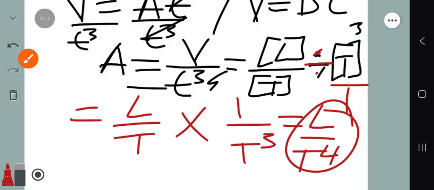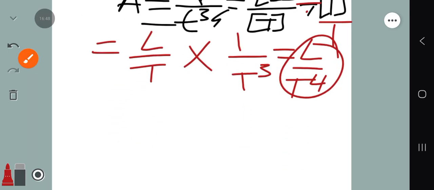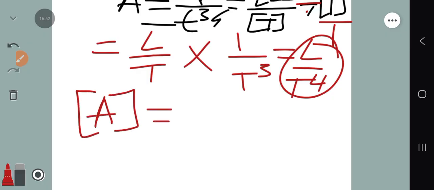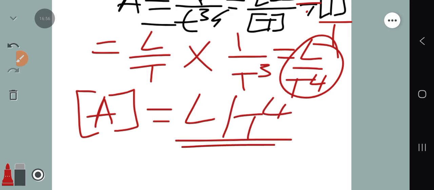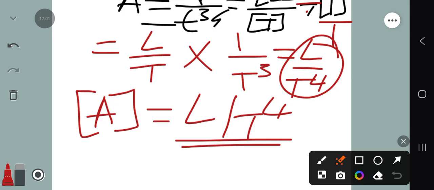So now we can write the dimension of A equals L per T to the 4. That's all. If you want, you can bring this denominator up here, and the sign of the power is going to change.